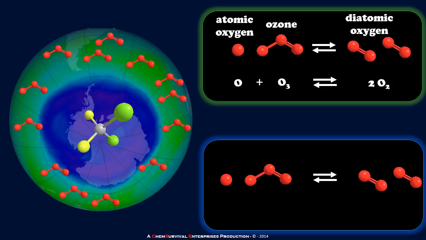Well, what happens when chlorofluorocarbons get up there is they act as a source of chlorine atoms. And that's what gets the reaction messed up. It's the presence of that chlorine atom which catalyzes the breakdown of ozone into O2. So this equilibrium gets thrown out of balance because the chlorine atoms accelerate the decomposition relative to the reformation of ozone. And that's going to mean that the ozone concentration, where there are chlorine atoms, is going to go down.